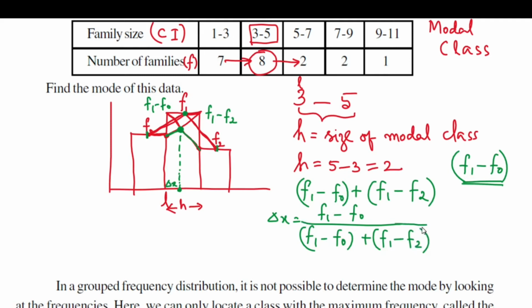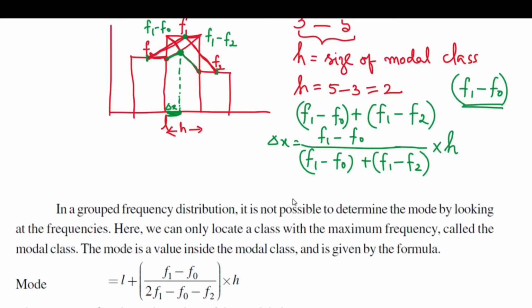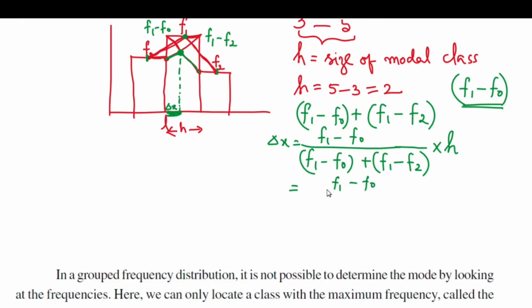The same trend is followed within this modal class. So we multiply this by h. Then we will get the value of the distance here, delta x. If we simplify this, we will get f1 minus f0 divided by 2f1 minus f0 minus f2, into h.